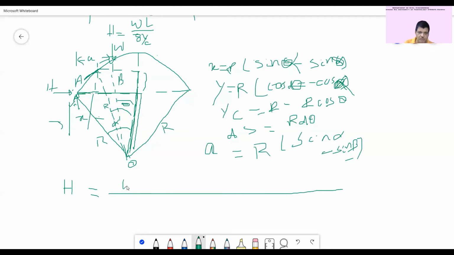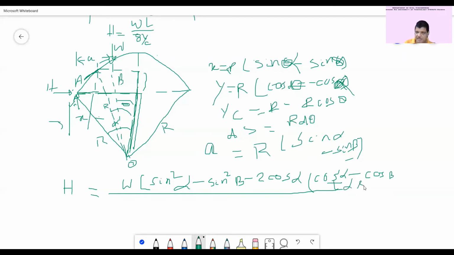The numerator is W into sine square alpha minus sine square beta, minus 2 cos alpha multiplied by cos alpha minus cos beta, plus alpha sine alpha minus beta sine beta.